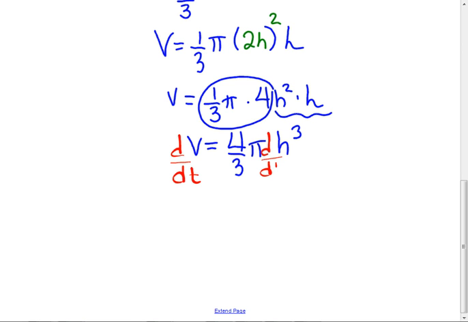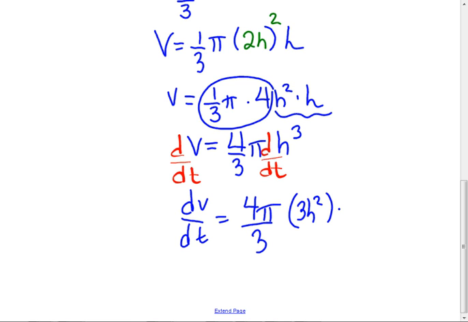We can just bring that derivative right through there. If you want to see an explanation of why I ignore 4/3 pi, look at the video from period 2, because I had to do that. Okay, so dV/dt equals 4 pi over 3 times what? 3H squared times dH/dt.